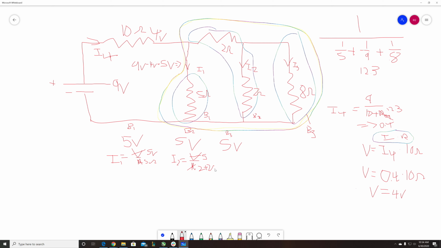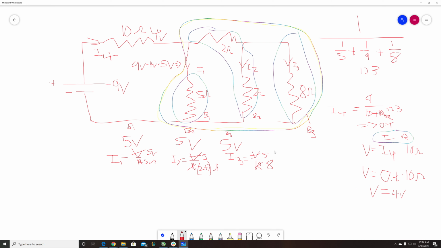It's in series, so you just add them up. Each of these big chunks, you can think of as series. I'll explain the parts later. So I3 is equal to V over R, and just what I've done previously, 5 over 8.